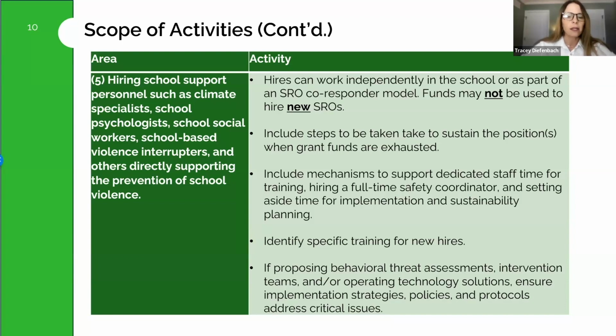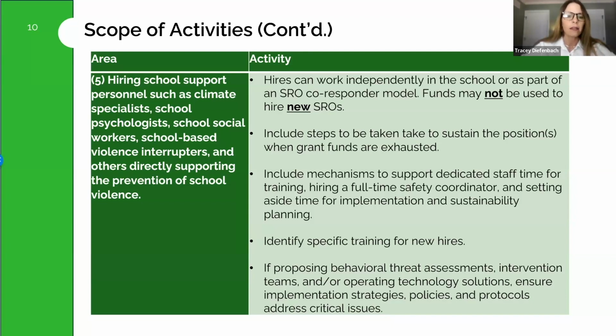Note again, as I said earlier, BJA STOP funds may not be used to hire new school resource officers. They can be used to pay overtime to existing officers who are performing duties as part of the grant that are outside of their scope of normal job duties.